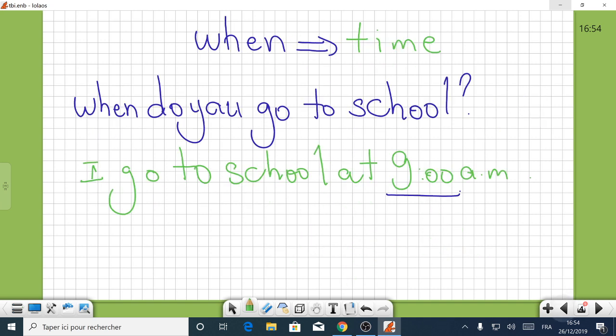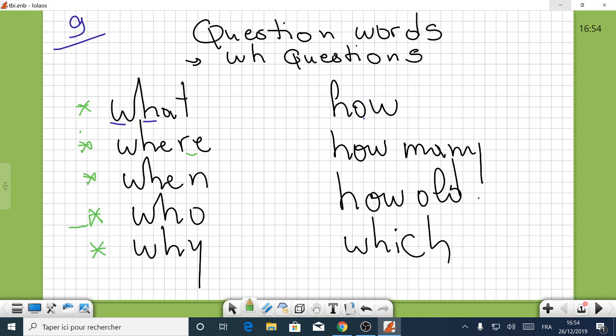Before going to the next, I go back and see. I can see here question words, WH questions. We say both of them here. So we use what, where, when, who, and why.